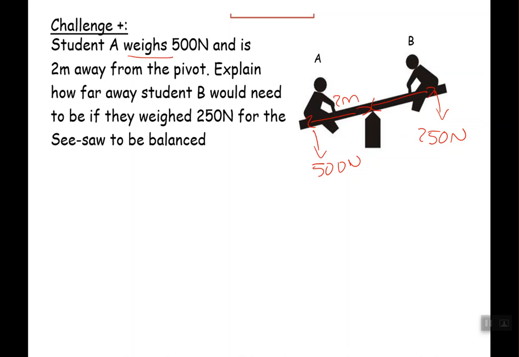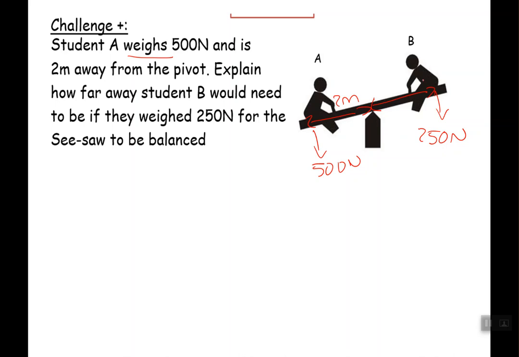Right, so this is where we bring in the principle of moments. The principle of moments says that if you have a situation that is balanced or in equilibrium, like the seesaw, that is because the sum of the clockwise moments is equal to the sum of the anti-clockwise moments.